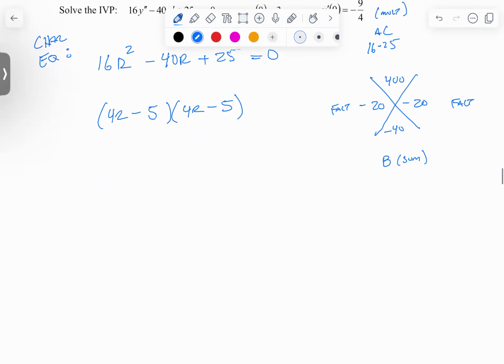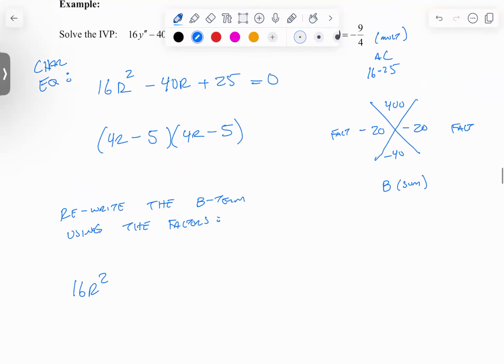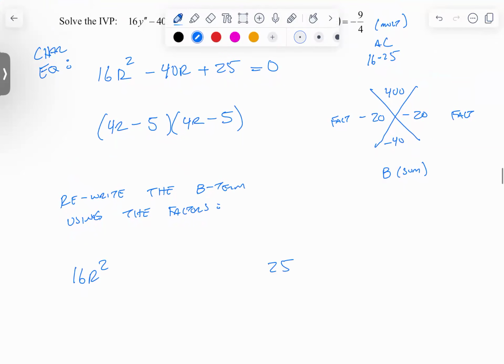Identifying the values, what you do then is rewrite the B term using the factors. So I have 16r squared and I still have 25. Now I rewrite the B term with my two factors.